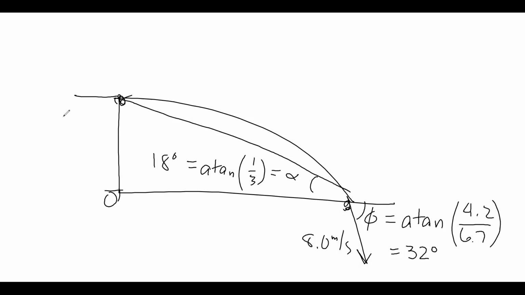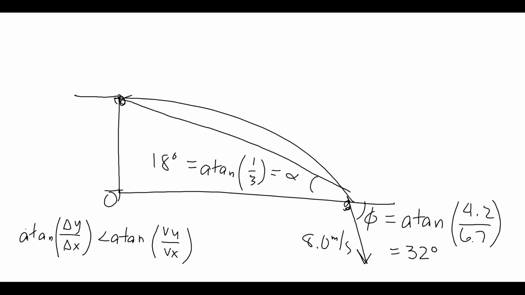And for these types of problems, when the particle is moving downward, you can show that the arctangent of delta y over delta x is always less than the arctangent of Vy over Vx.